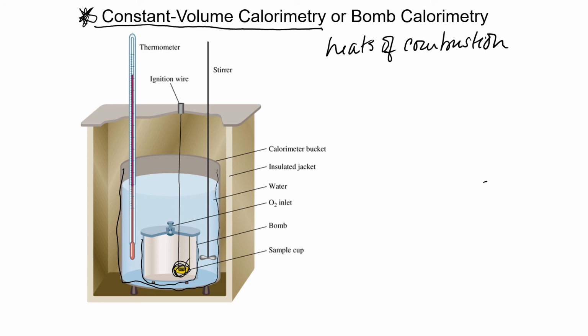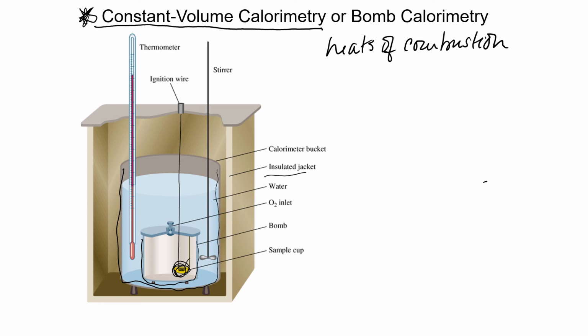That's where the thermometer is located. There's an insulating jacket around this as well. And anything else I'm missing? No, I don't think so. Okay, so the sample is placed in that sealed bomb, which is capable of withstanding high pressures that are a result of those combustion reactions.